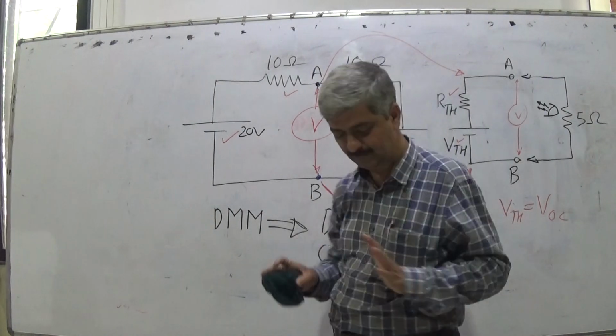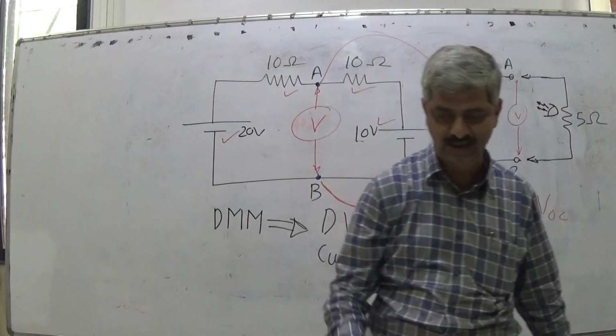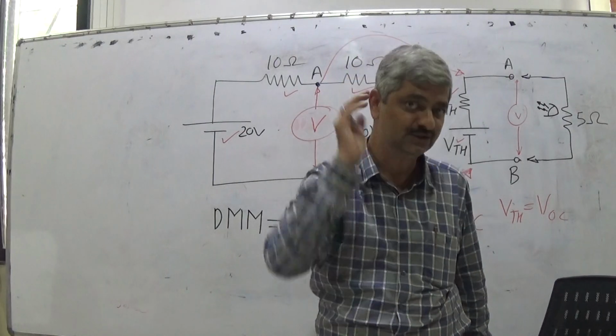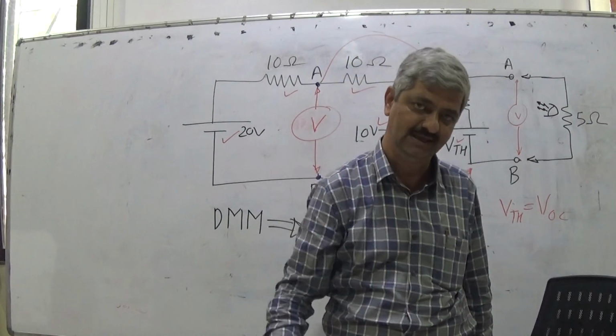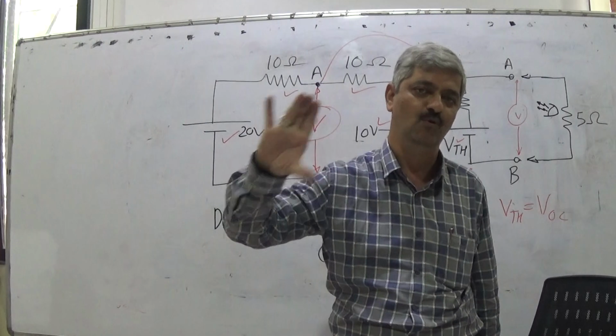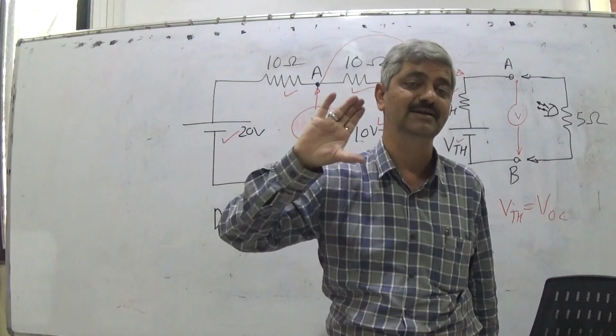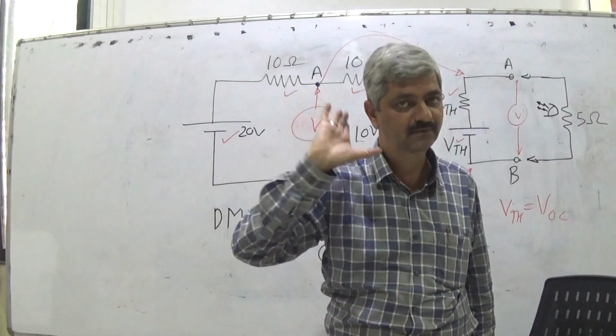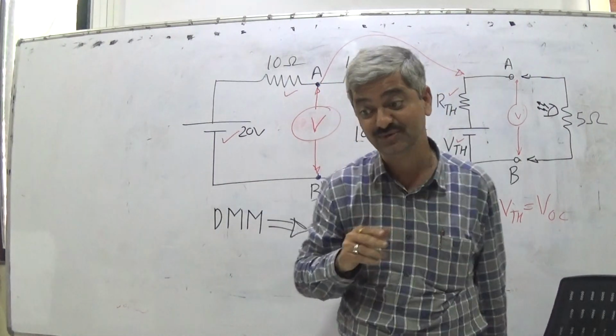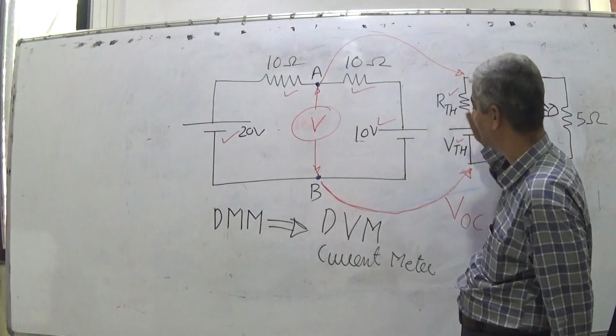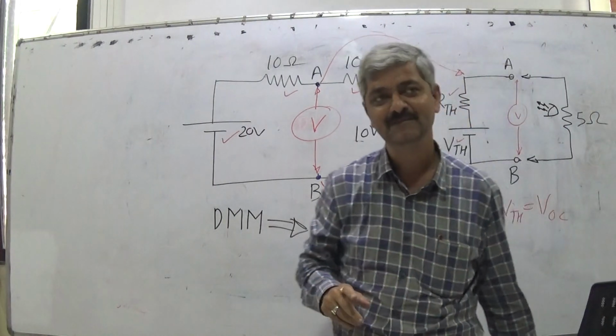Thevenin's equivalent voltage is the open circuit voltage between the 2 points between which the equivalent circuit is to be found. Now this is very important: finding RTH is not so easy.